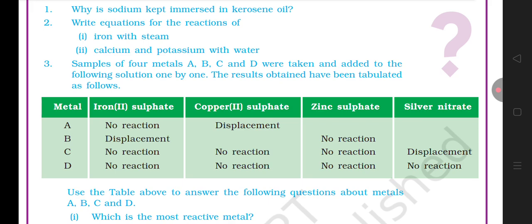Zinc sulfate is not given to us, and silver nitrate is not given to us. So first of all, dear student, we know very well that this metal A is not giving any reaction with iron sulfate. That means the reactivity of this particular metal A is less than iron. Copper sulfate it is giving a displacement reaction. That means the reactivity is more than copper.